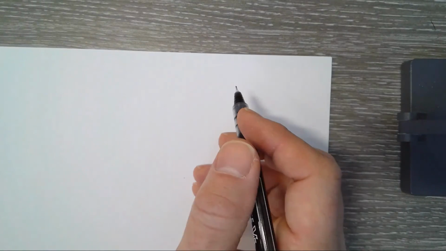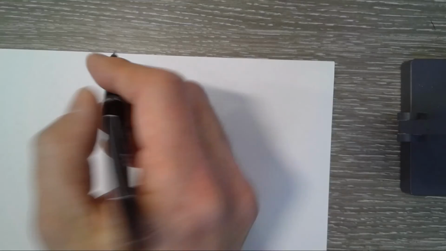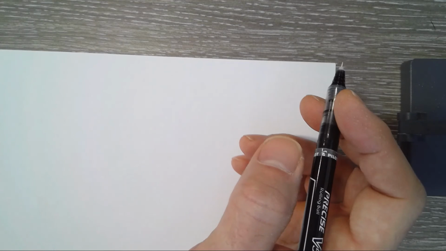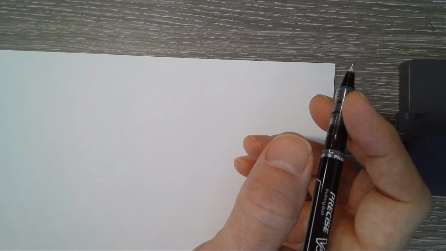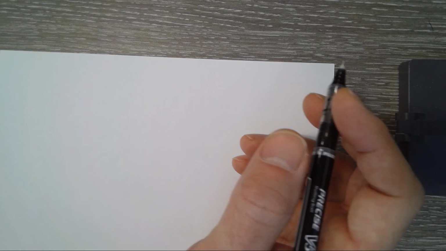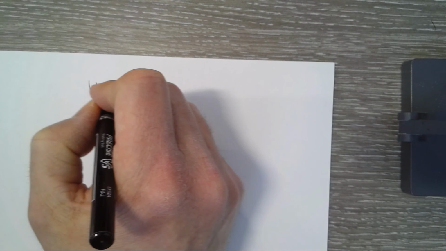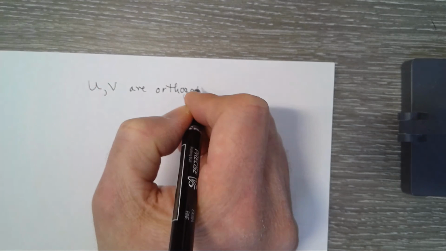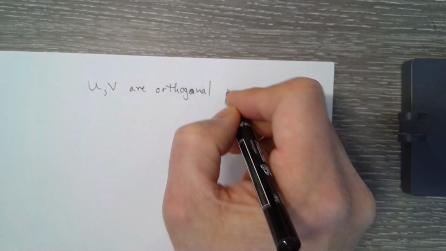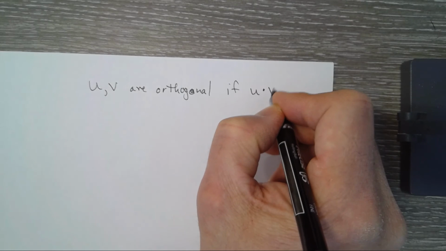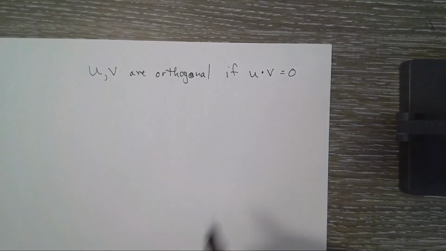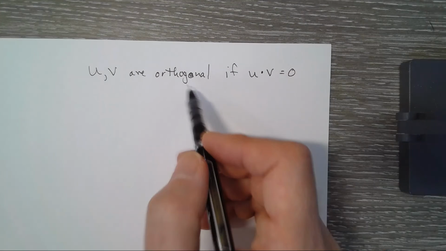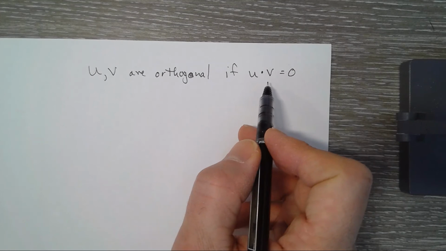Two vectors are orthogonal if they're perpendicular, or if u dot v equals 0. So if you get 0, that means they're orthogonal. It's also orthogonal if one of the vectors is just the 0, 0 vector.